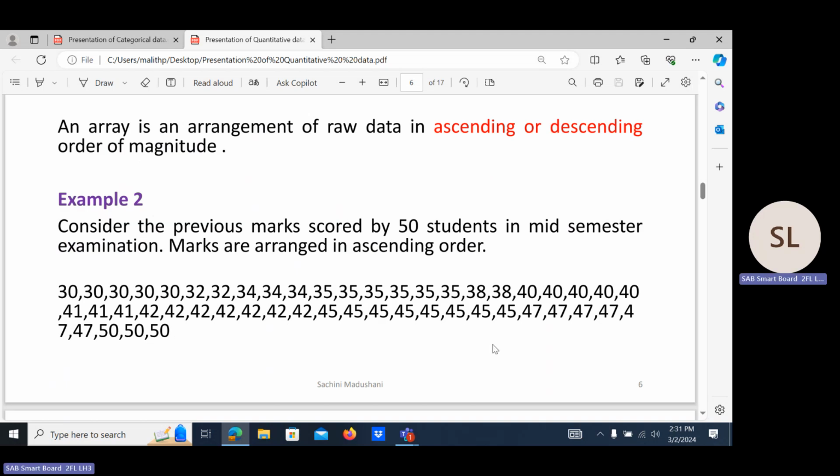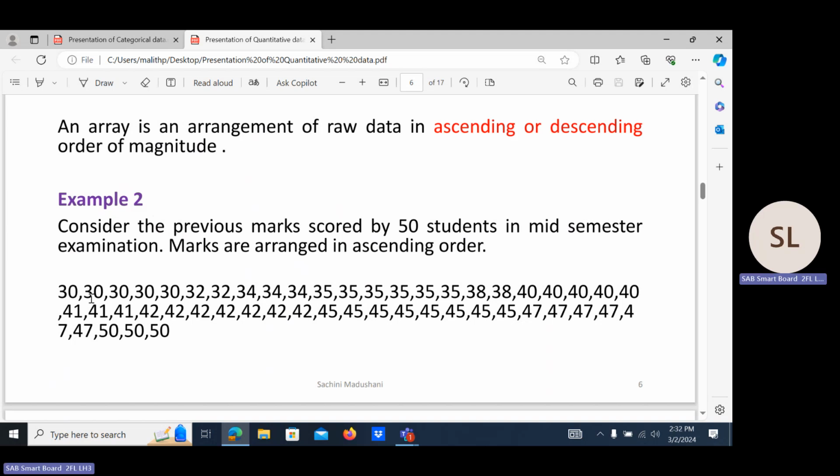Here 30, 30, 32, 34 are repeated. Using the array, we can also identify the lowest value, the highest value, and the most frequently occurring value, and do some kind of analysis.